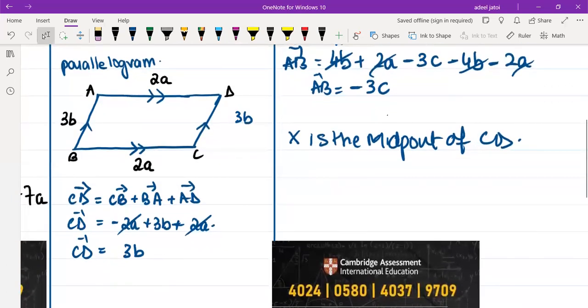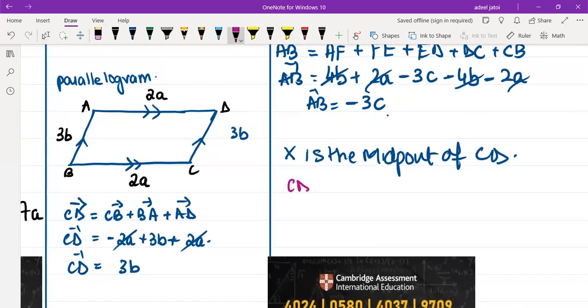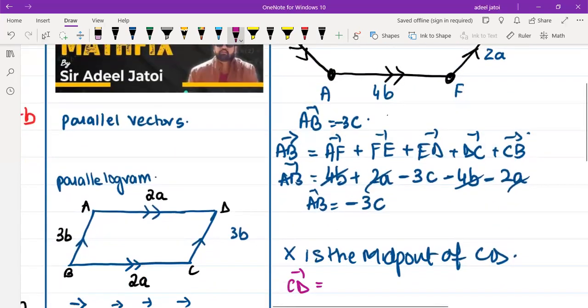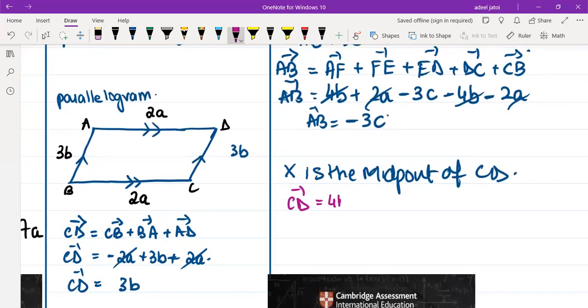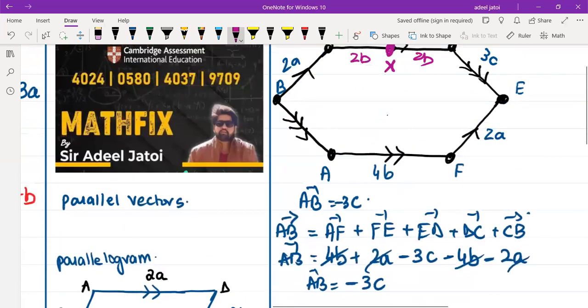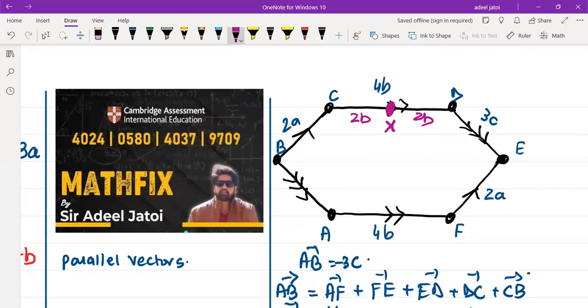So that means if X is the midpoint of CD, and CD was 4B, then CX is equal to 2B. Similarly, XD will also be 2B. We are dividing the same vector into two equal parts.